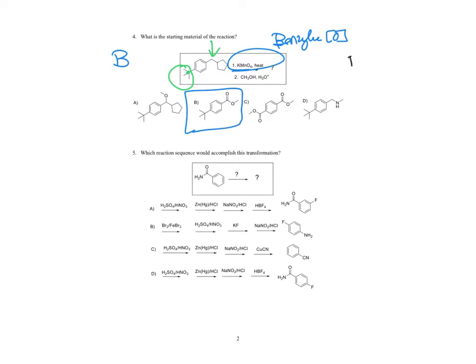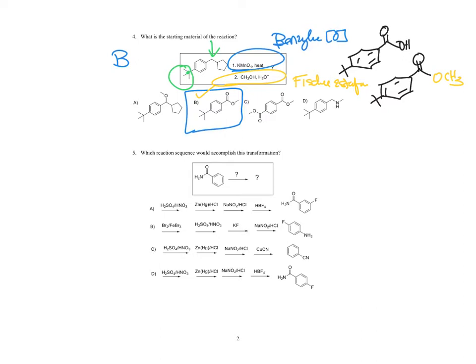And so from step number 1, your product would be this carboxylic acid. And then step number 2 is Fischer esterification. So that converts a carboxylic acid into the methyl ester. And that's your answer, B.